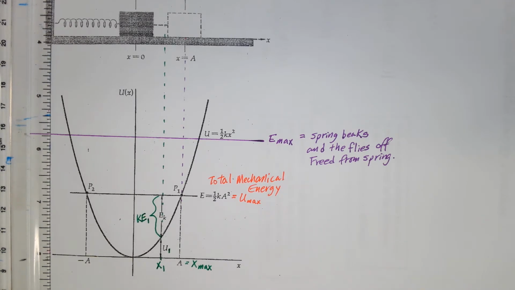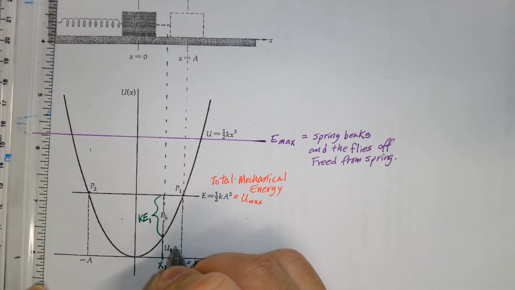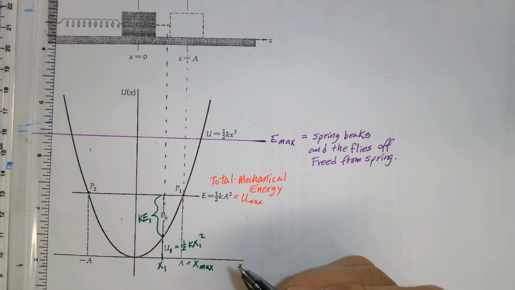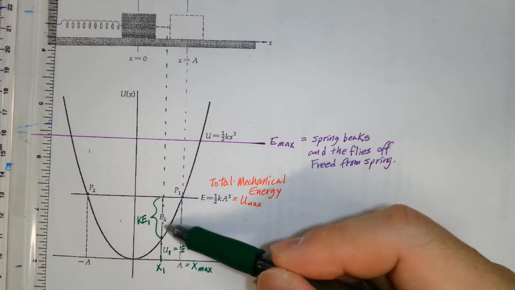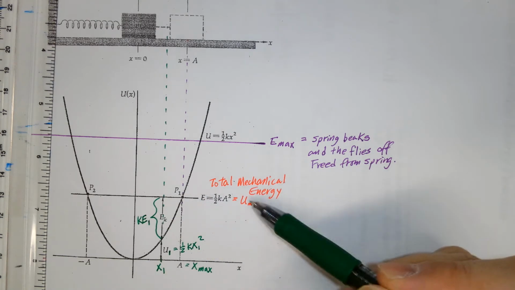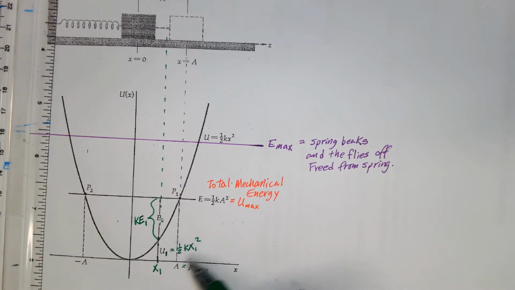Same thing. So at this point, U1 is equal to 1/2 kx1 squared. That's what this U1 is. Here, this total mechanical energy minus this would represent my kinetic energy at 1.